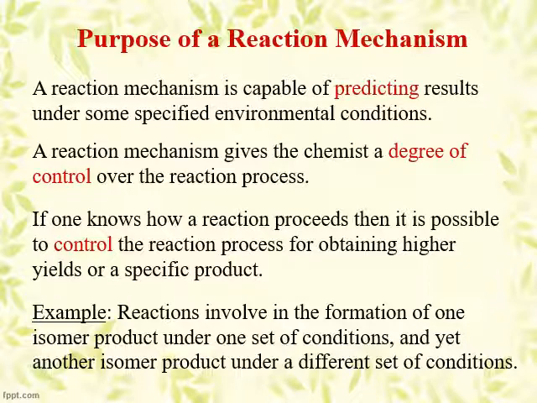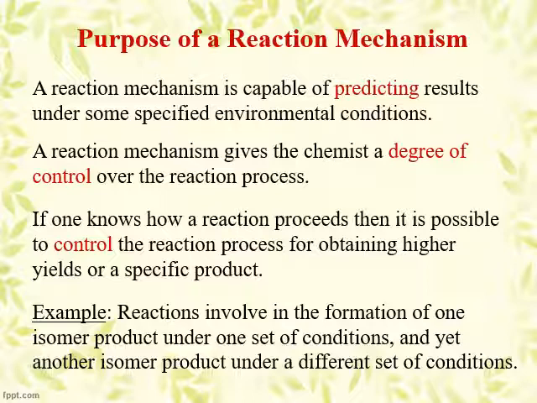So what is the purpose of a reaction mechanism? A reaction mechanism is capable of predicting results under some specified environmental conditions. It gives a chemist a degree of control over the reaction process.